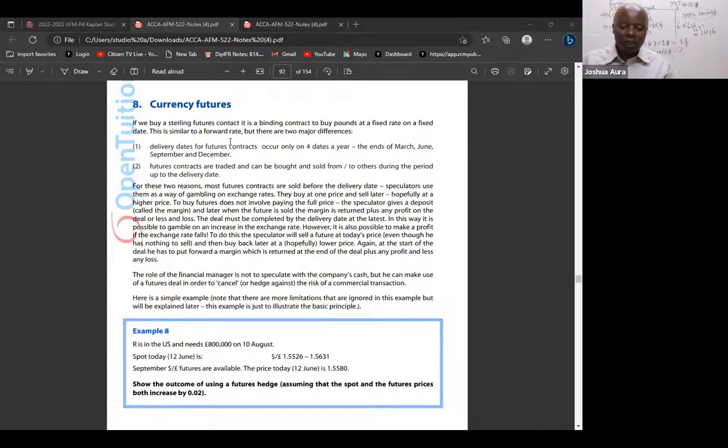Future contracts, if you today Monday, tomorrow Tuesday, no. They're not available always. They only come to us four times in a year, at the end of the quarters. So the delivery dates for future contracts occur only on four dates a year: the ends of March, June, September, and December.